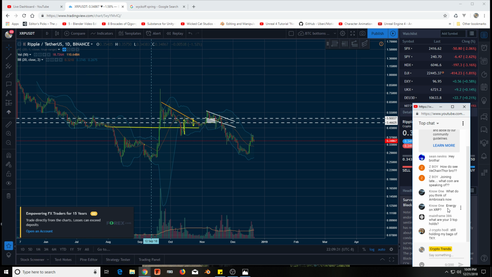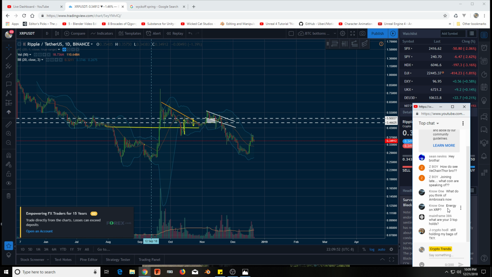Because I'm still taking a look at that Matrix AI. That has some real good energy behind it, but I don't hold it right now. Top holds, what I would classify, XRP and XLM are no longer them. Okay, I sold them for other coins.